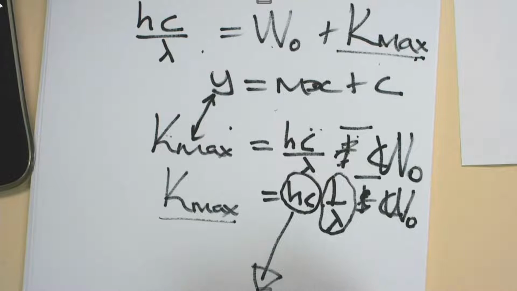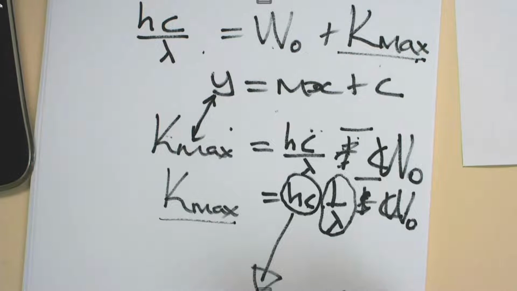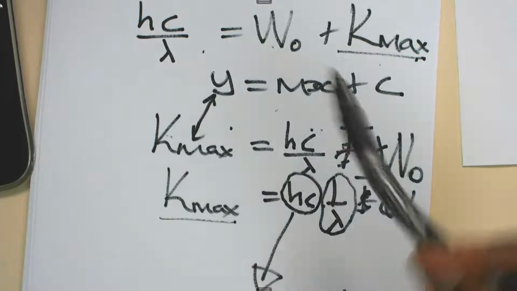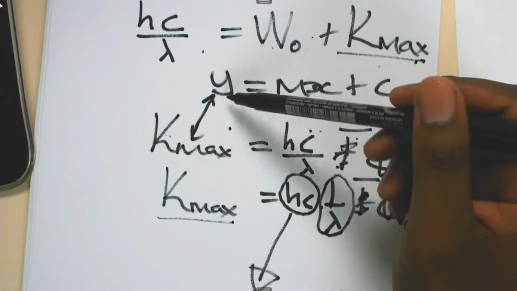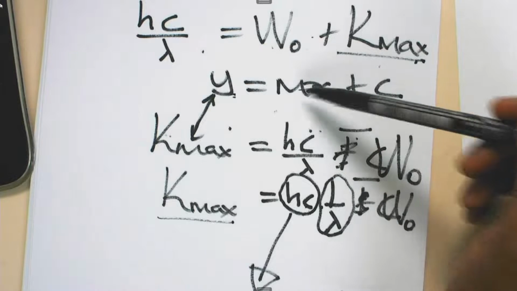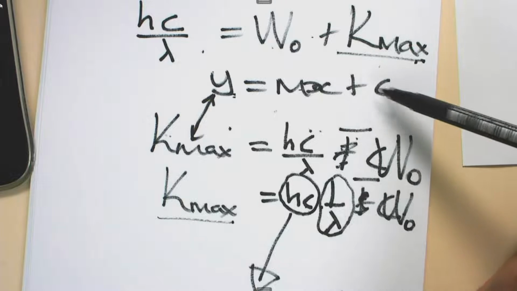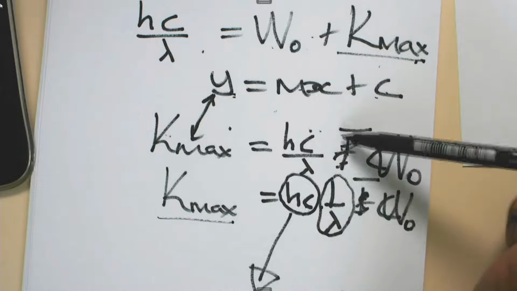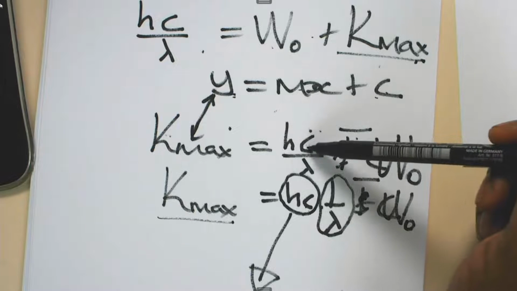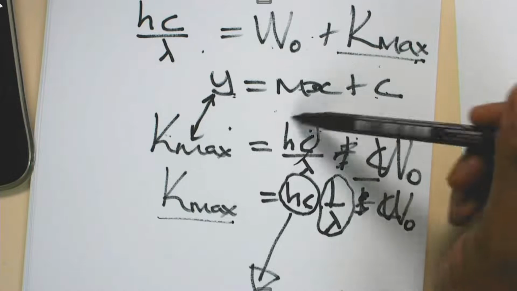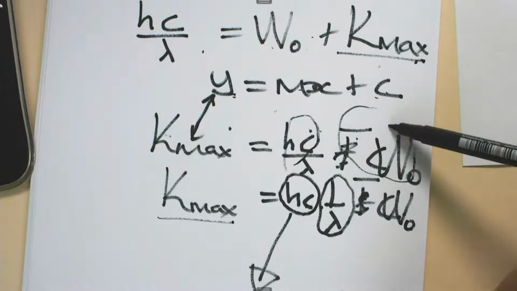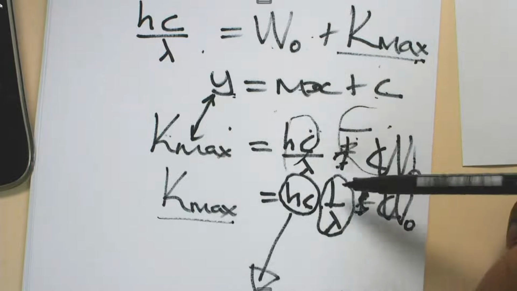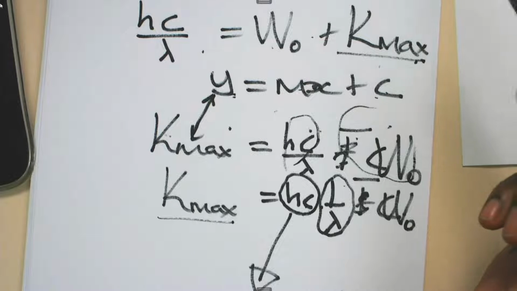To find the gradient of the graph, you just have to express this in the format of y equals mx plus c. Then from there you rearrange your formula, and you'll be able to identify your gradient, your y-intercept, and then your y-input and x-input will also be identified.